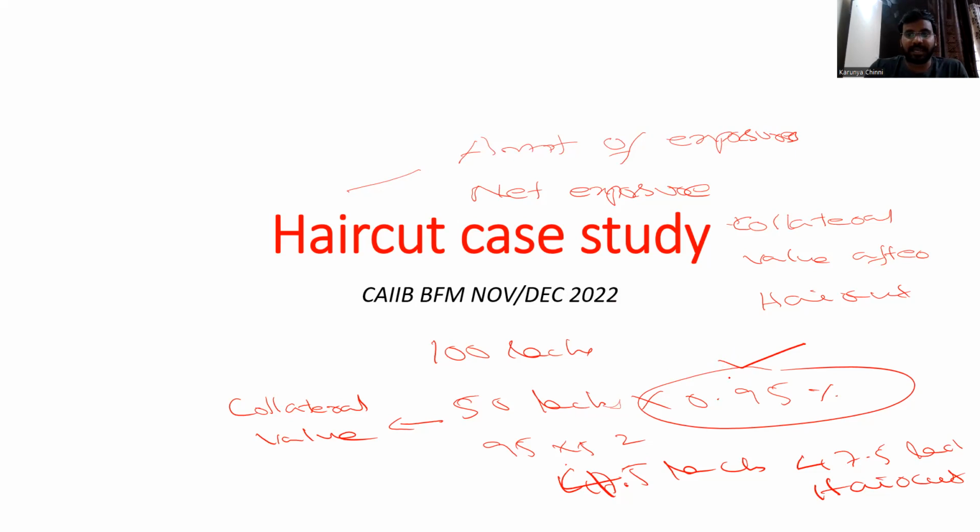Though you gave 50 lakhs collateral, the bank is treating it like it is 47.5 lakhs, so 2.5 lakhs is reduced. Remember, this haircut is useful to predict future fluctuations and to decrease the collateral value by some amount.